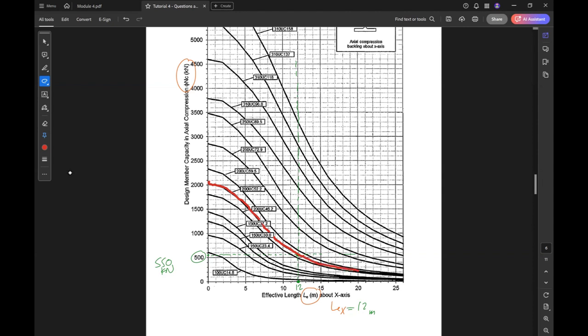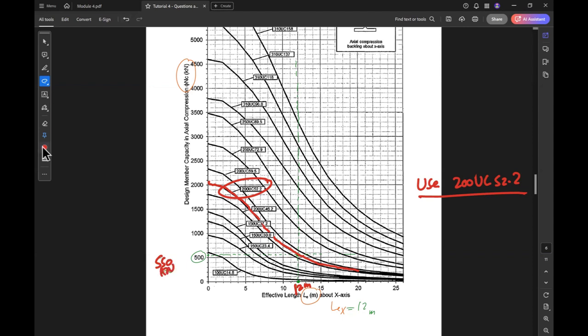What is this section? So from the chart, use 200 UC 52.2, because we draw a line at 12 meter and 550 kilonewton.